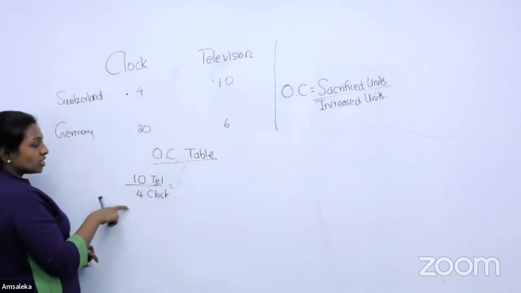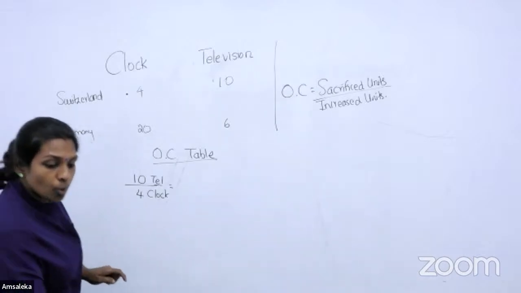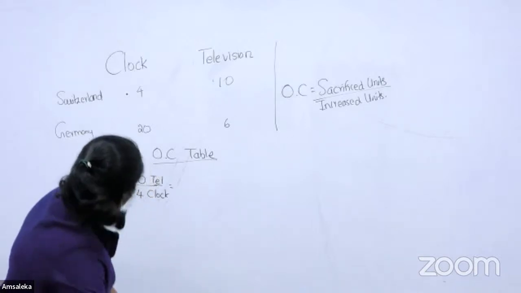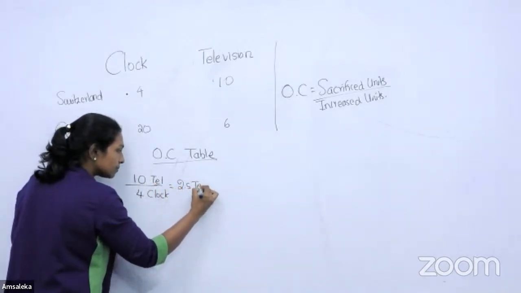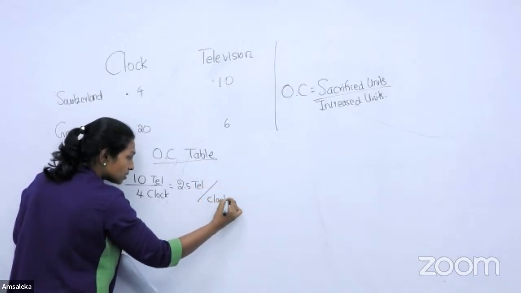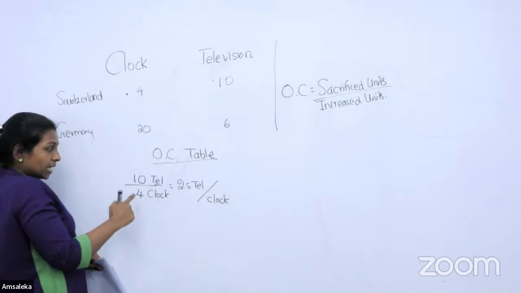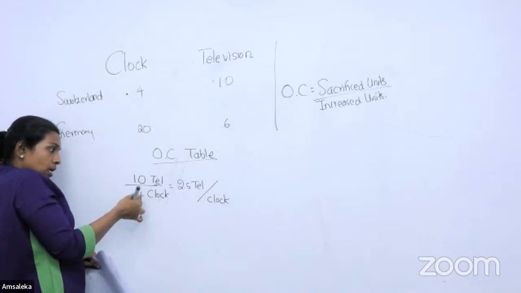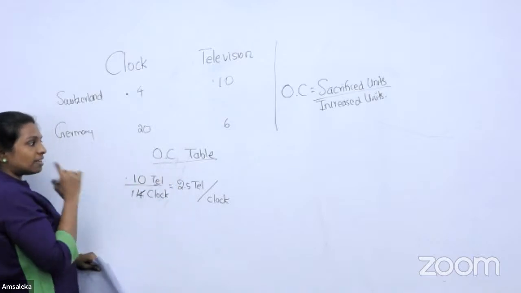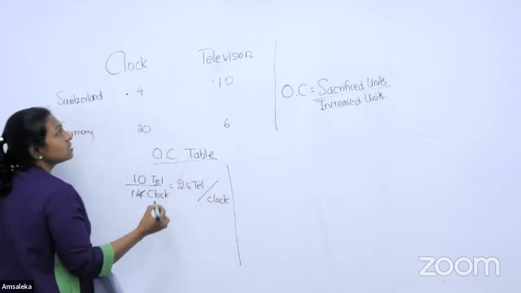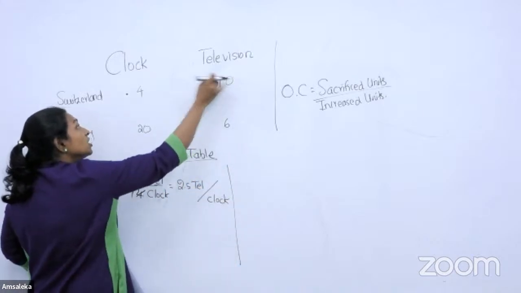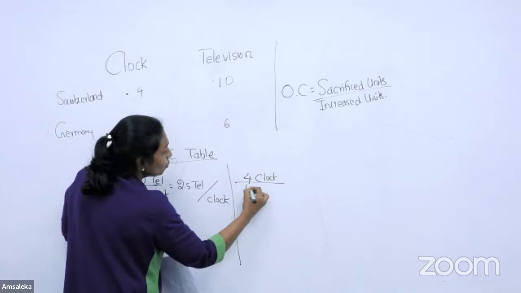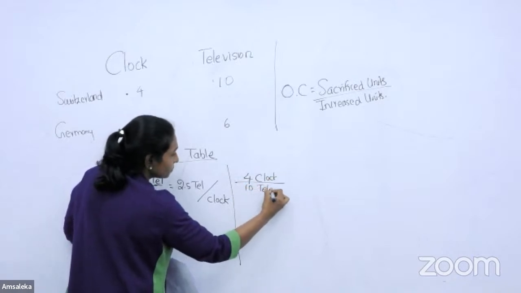Therefore, 2.5 television is sacrificed to produce 1 clock. Likewise, if television is produced, 4 clock is sacrificed to produce 10 television.